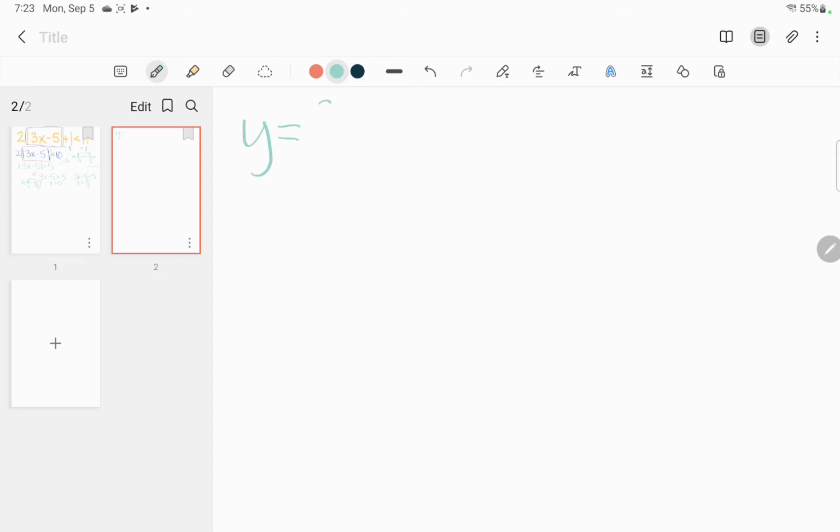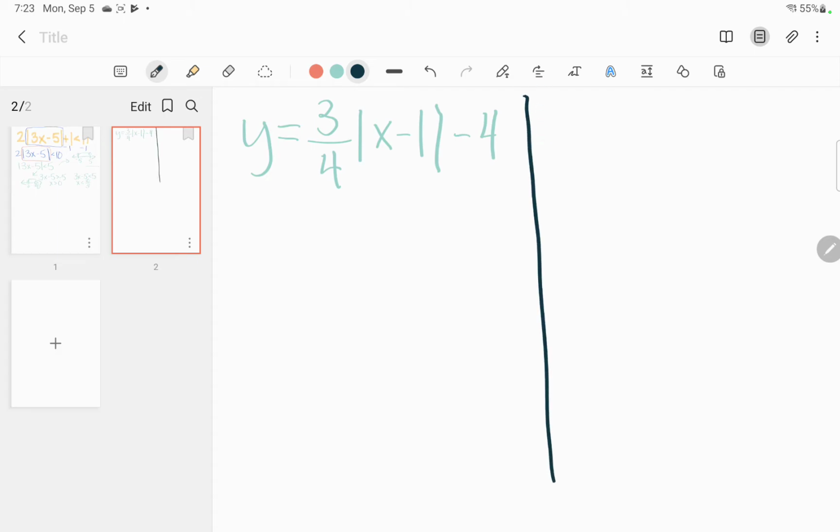Y is equal to 3/4 of the absolute value of x minus 1 minus 4. And I'm going to compare that with graphing the absolute value inequality. Y is greater than -2 times the absolute value of x plus 3.